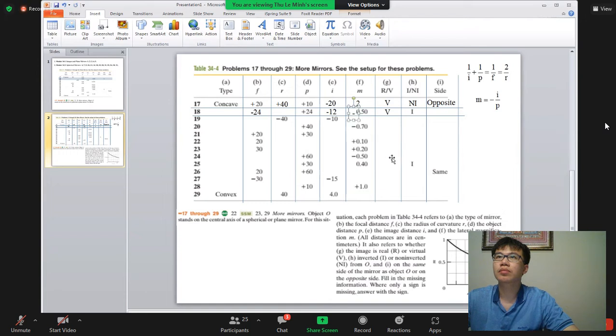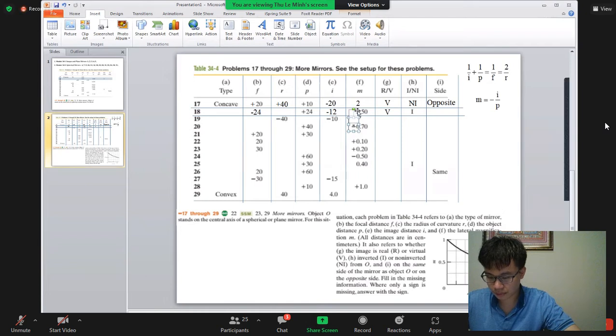Maybe something here should be changed, because for the lateral magnification they don't provide the sign.